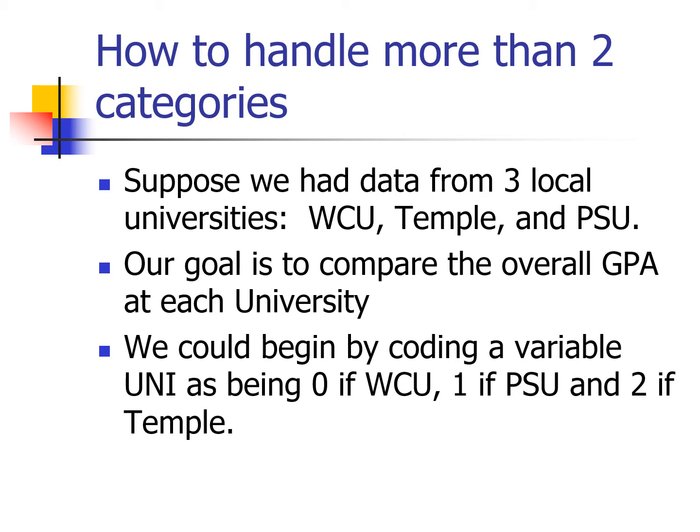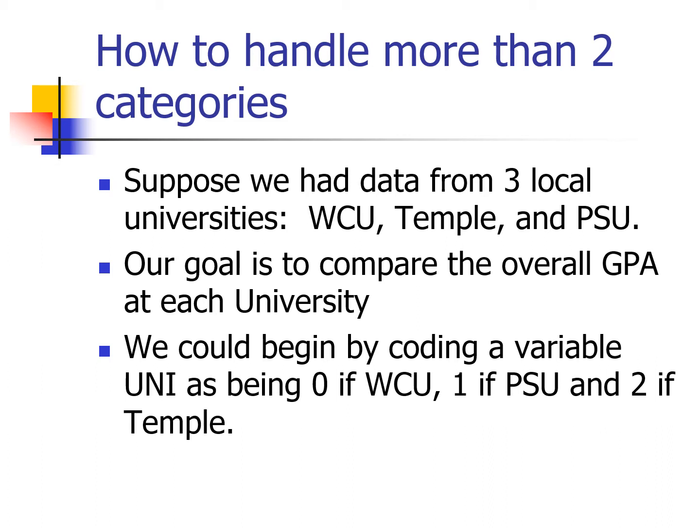And in this case, let's say that we're looking at students and their GPA, and for every student they come from one of three universities: Westchester University, Temple, or Penn State. And our goal is to compare the GPA between these three universities.